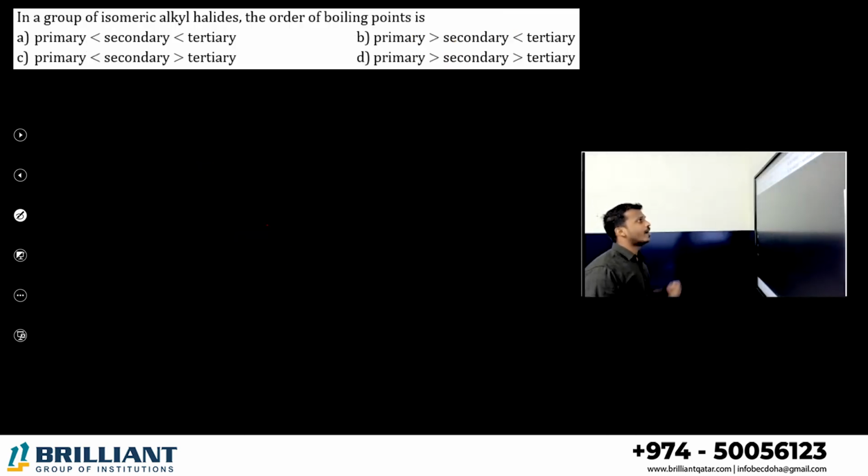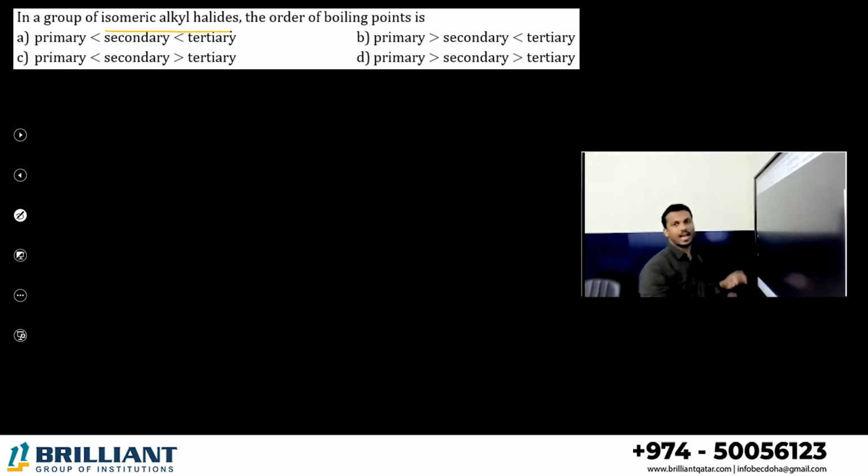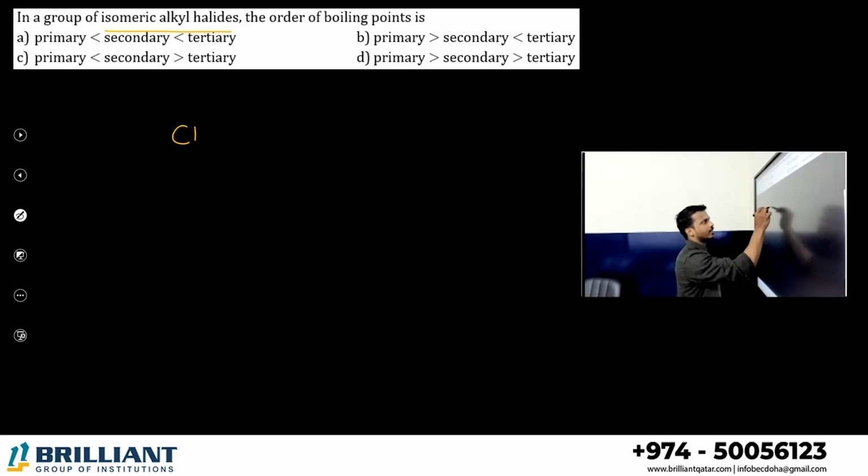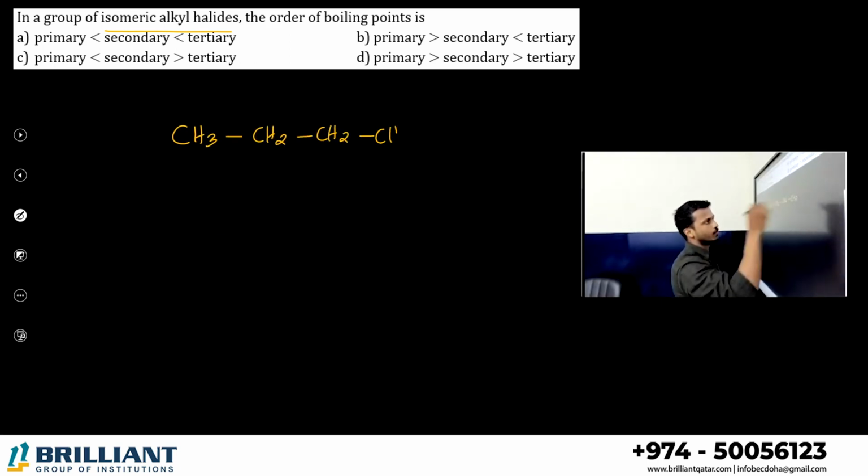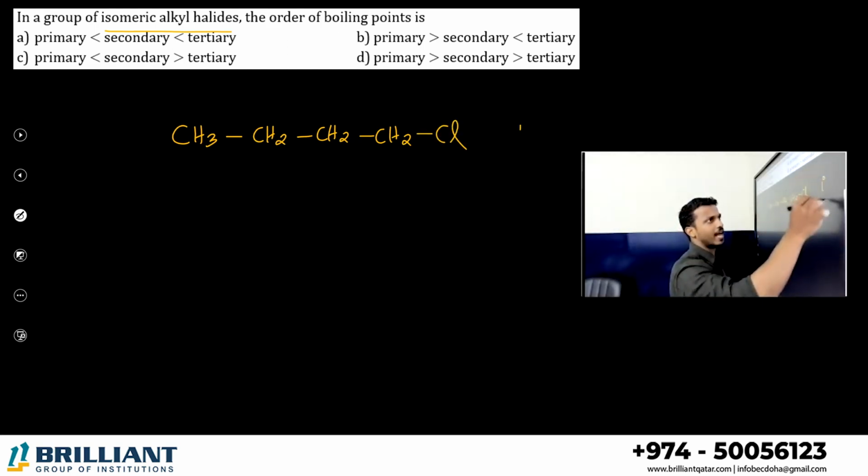In a group of isomeric alkyl halides, what is the order of boiling point? Very careful, they have given isomeric alkyl halides. For example, let me take the compound CH3CH2CH2Cl. It's a primary haloalkane.